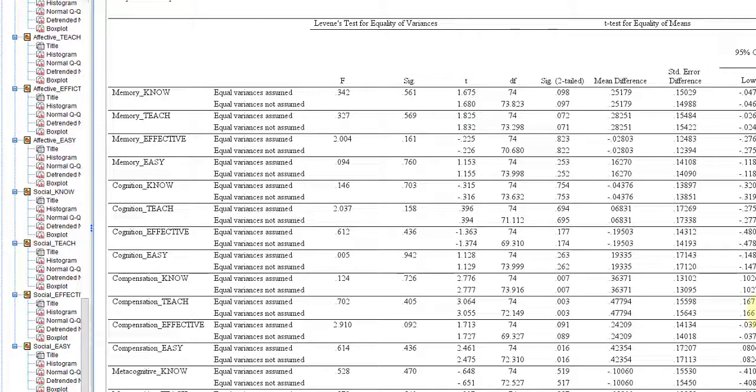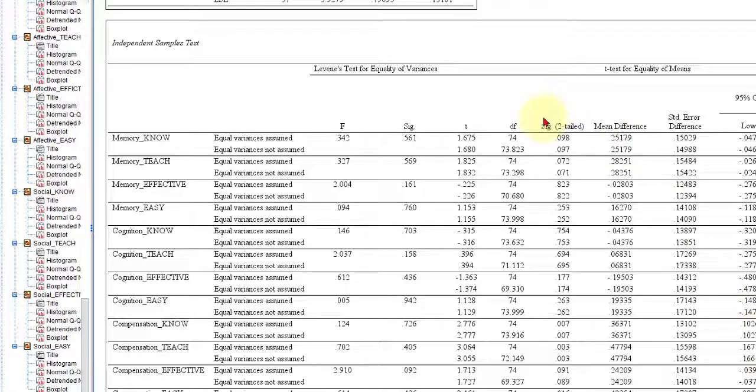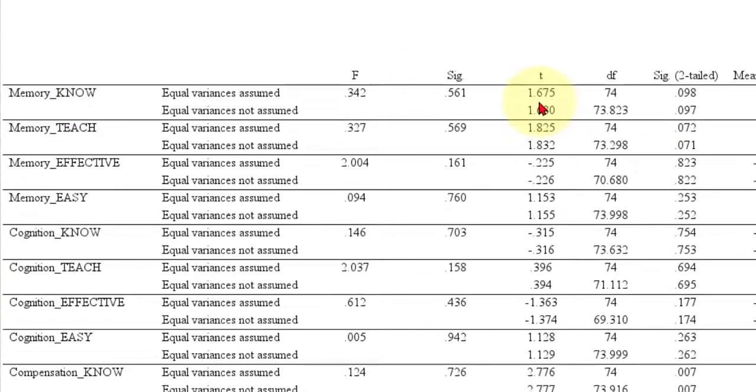So here comes the money. This is your sig value for the t-test. There's the t-test statistic, right? What that literally means is the difference between your memory no scores for the EFL and the memory no scores for the ESL was 1.675 standard deviations away from each other, which is pretty good, but it's not significantly different.